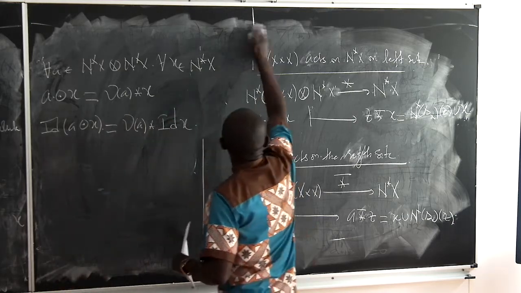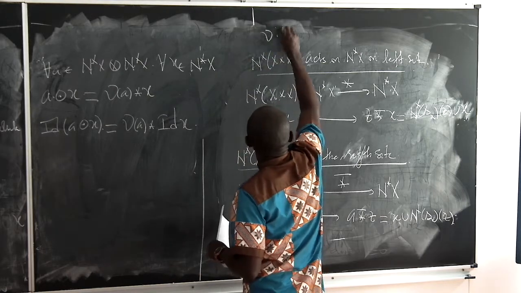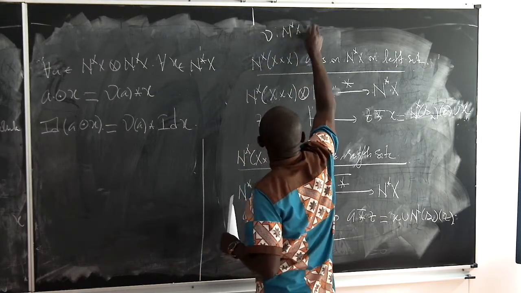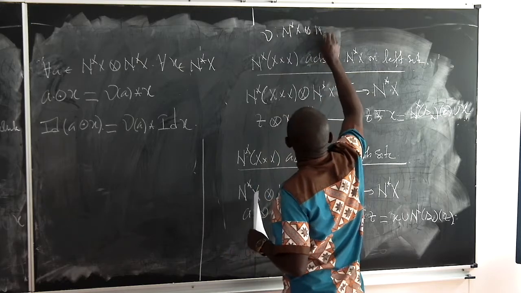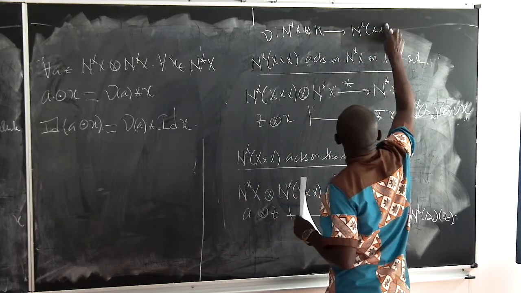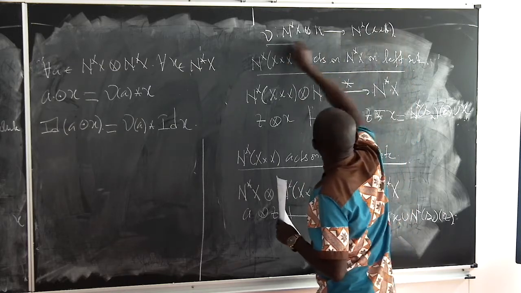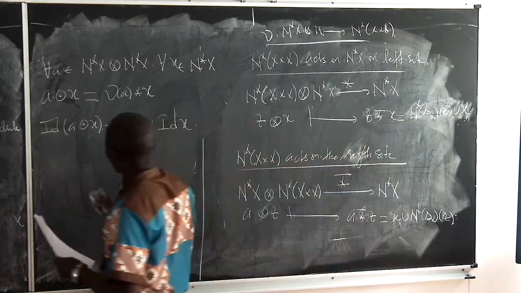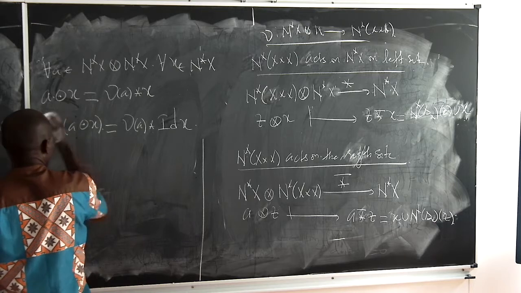The nu here was the map from Nx cross Nx to Nx. So this is for the left side.